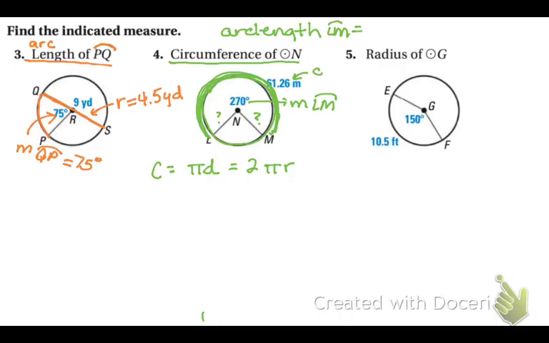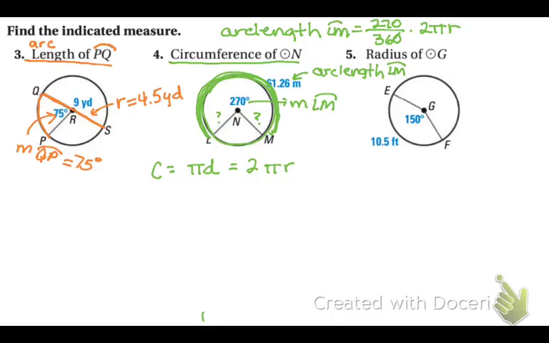And this is our arc length of LM. So our arc length of LM is going to be equal to 270 over 360 times 2 pi r.